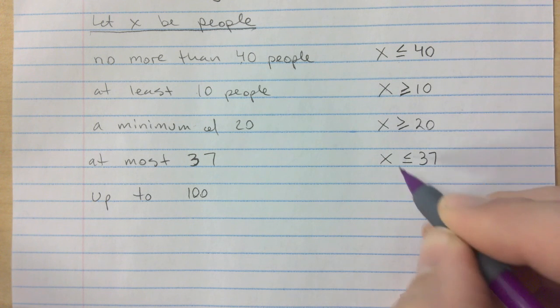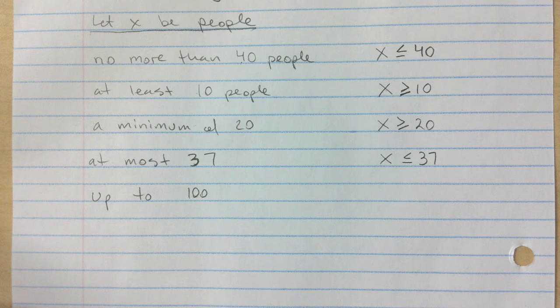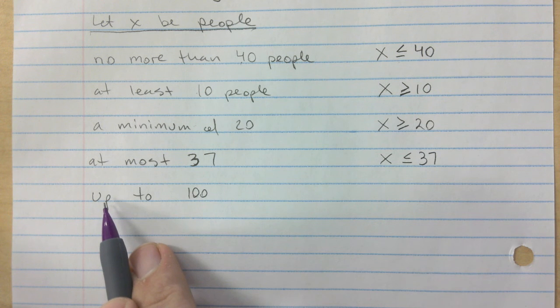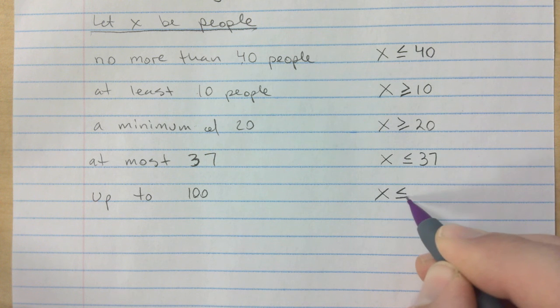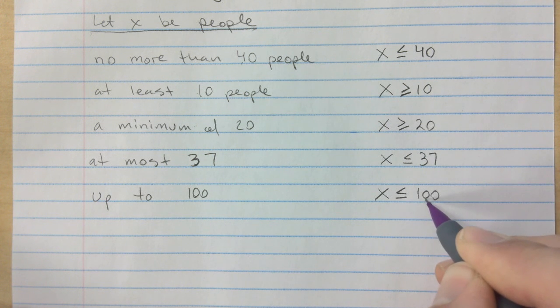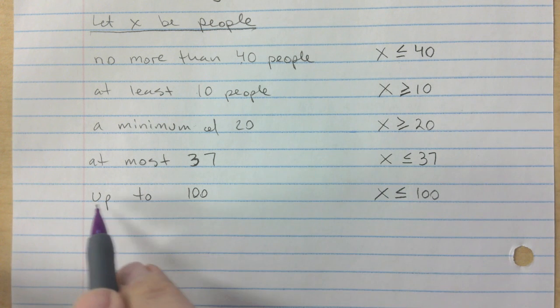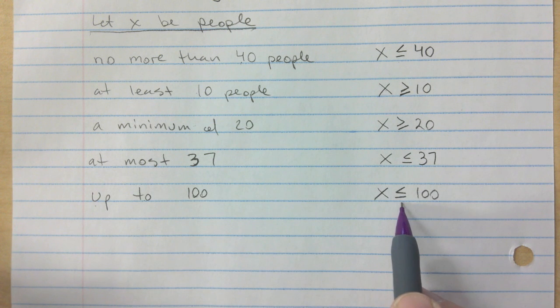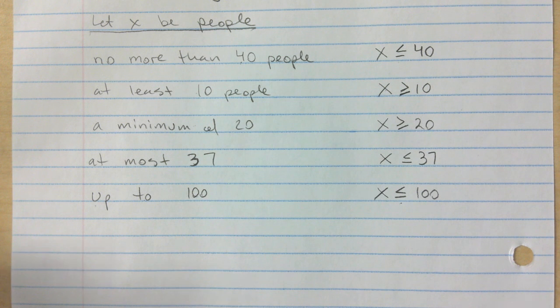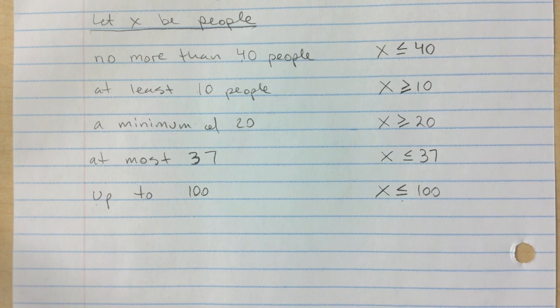This statement says that you can have up to or at most 37 people. Same thing here. Up to 100, X has to be less than or equal to 100. It can go up to 100, but no more than that. The same statement, no more than 100, would have the same inequality. So you have to be very careful how it's written. And I think I'm going to stop there because the bell is going to take us.